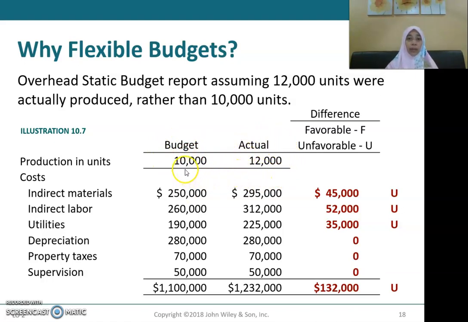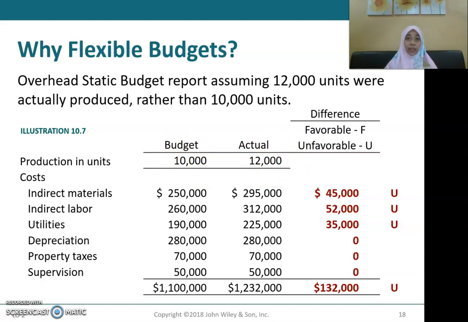You cannot compare different levels of activity. So what should you do? You need to flex your budget so that it reflects your 12,000 units as well. Then, if your budgeted figure is at 12,000, you can compare it with your actual 12,000 units of production.